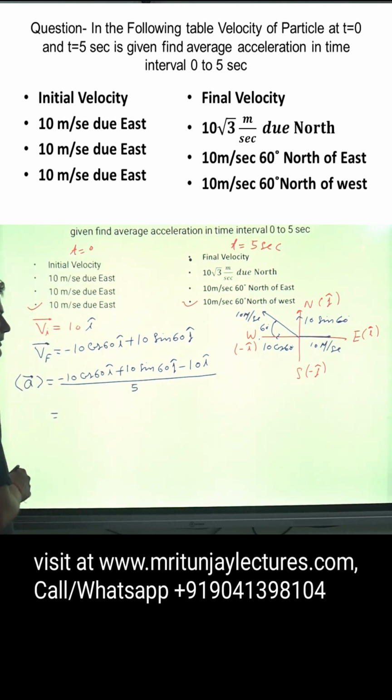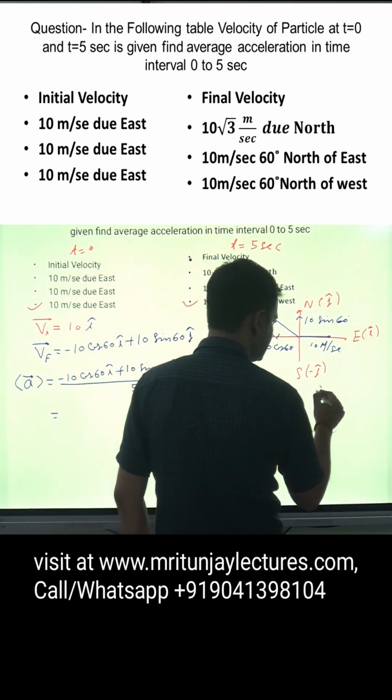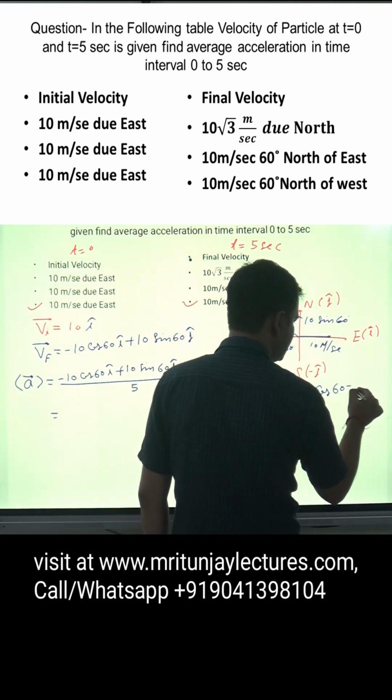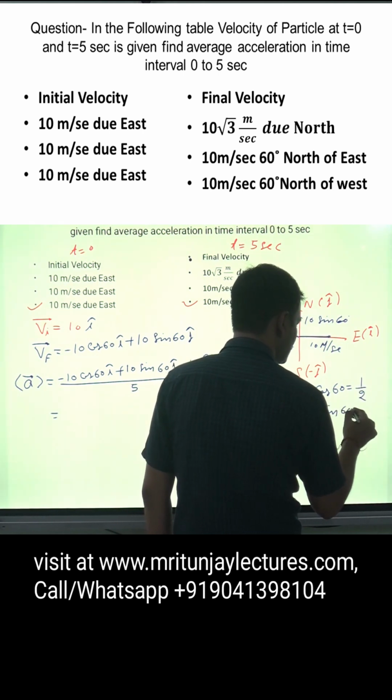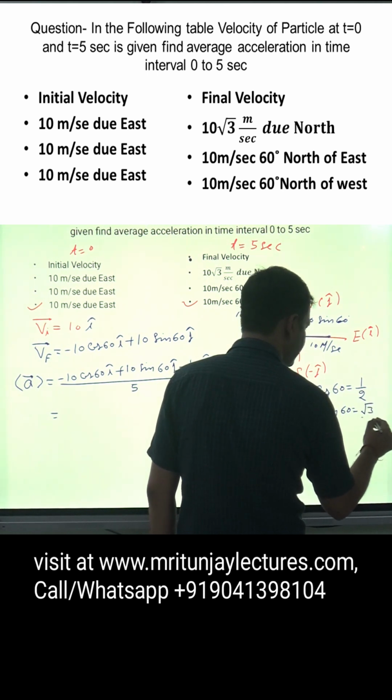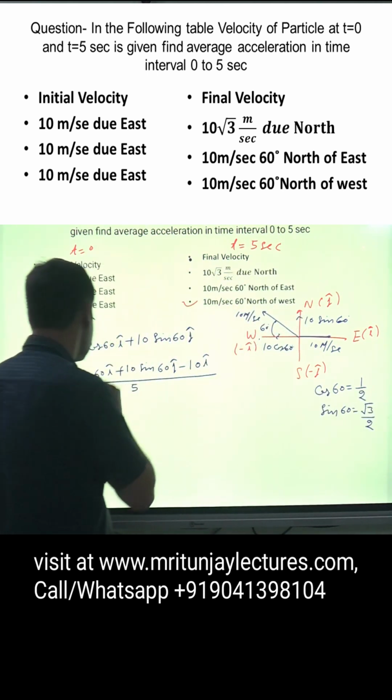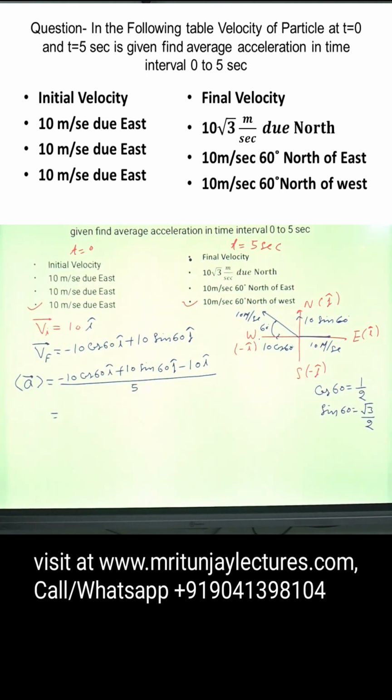Clear or not? After solving, I know that cos 60 is 1 by 2, sin 60 is root 3 by 2. Put these values here. 10 cos 60, 1 by 2, that is 5.